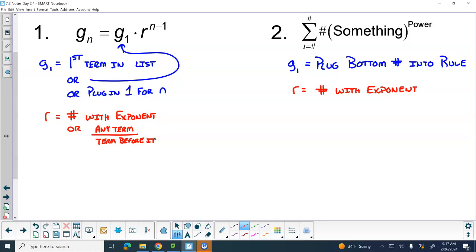So we take any term, we divide by the term right before it. Love it. Yep.